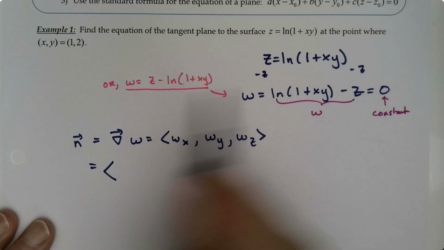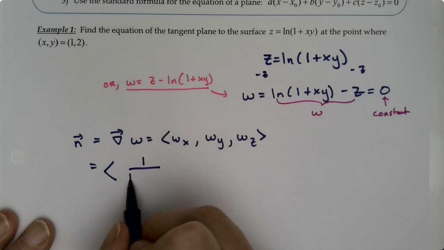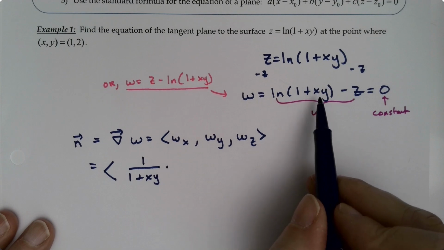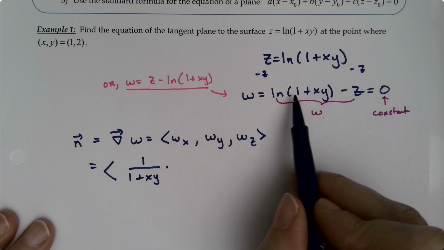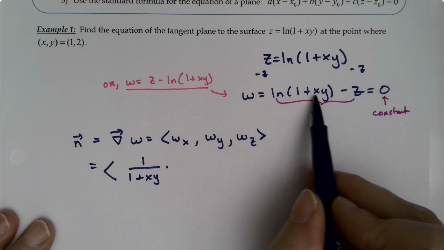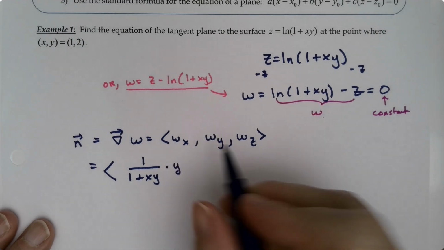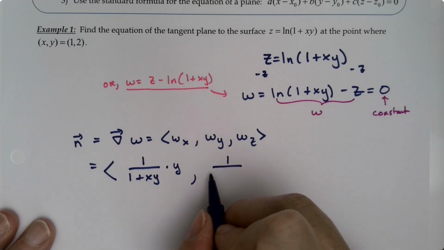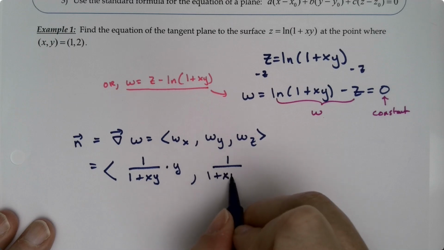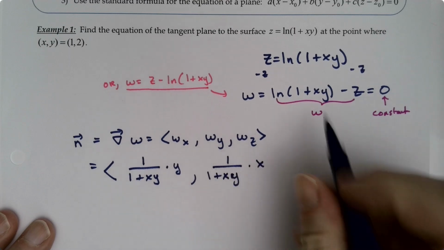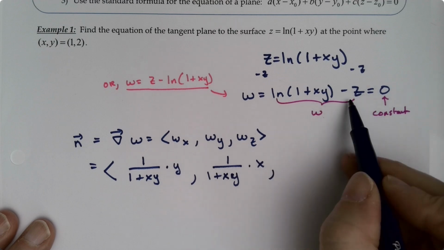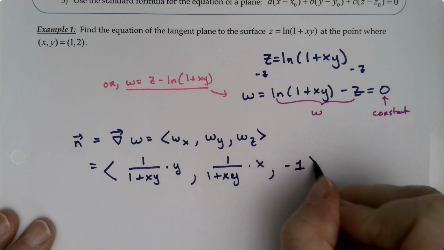So we would do 1 over 1 plus xy times the derivative of the interior with respect to x. So the derivative of 1 would be 0, and the derivative of xy would be y. And then the derivative with respect to y would be the same thing, except it'd be multiplied by x. And the derivative of w with respect to z is negative 1.